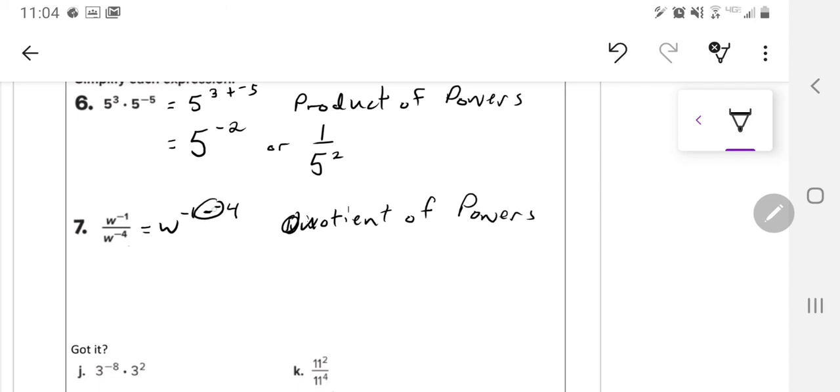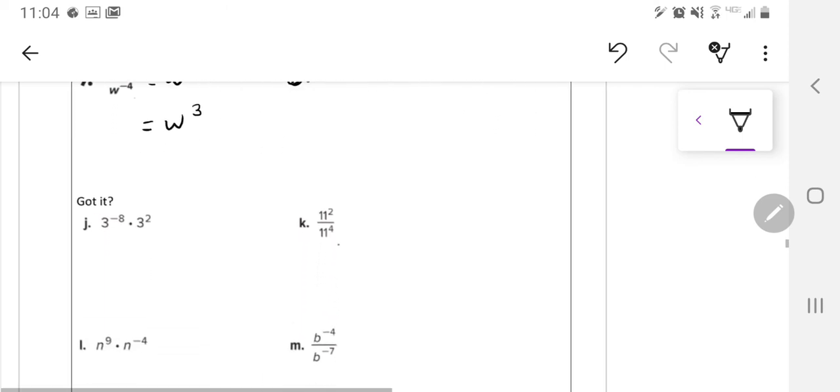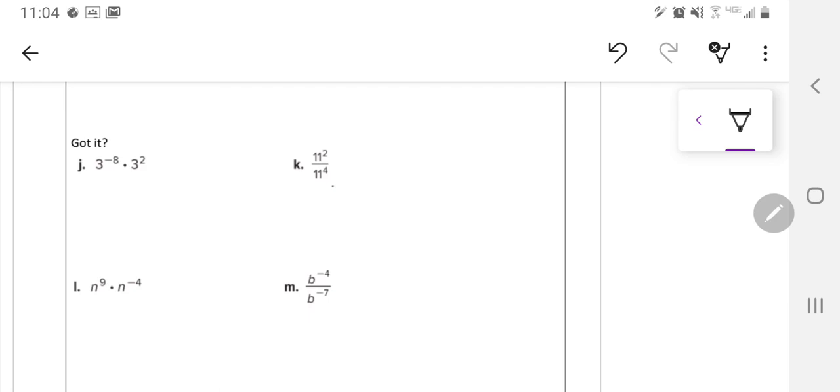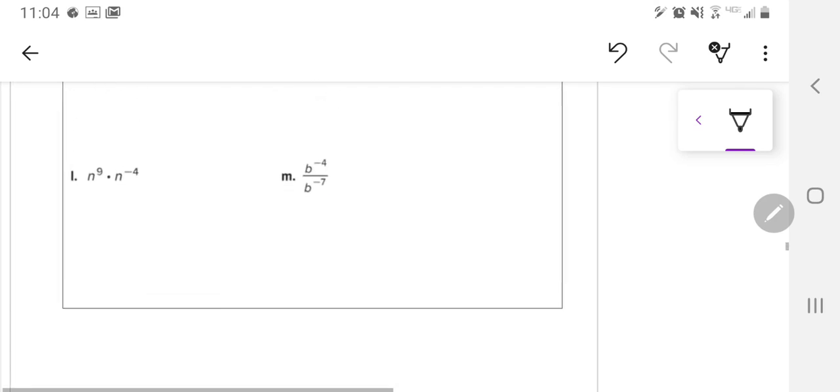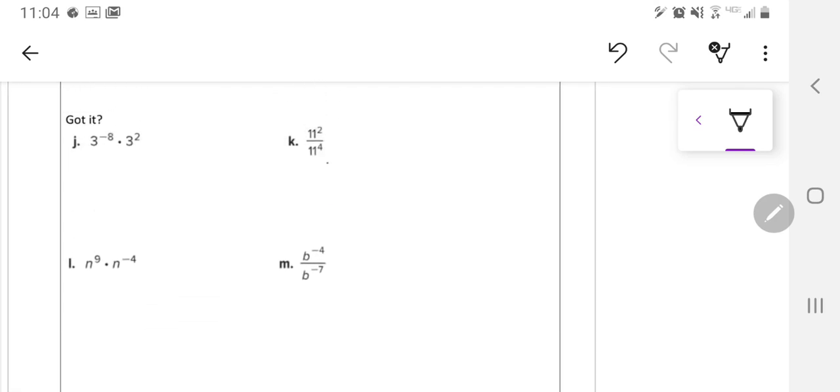And then that becomes plus. I have a dance move for this. So you get negative 1 plus 4, which becomes 3. So that's w to the third.